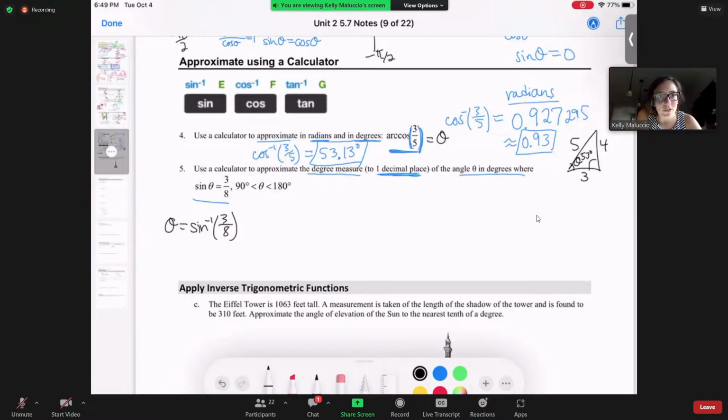So now here's the kind of weird thing about this one. When I do this, I get about 22.0 degrees, because it's like 0.0243, and so on. They say approximate the degree measure, but they want it between this.